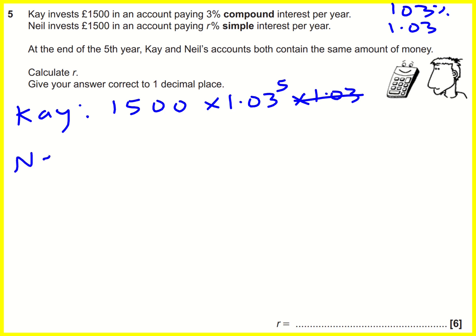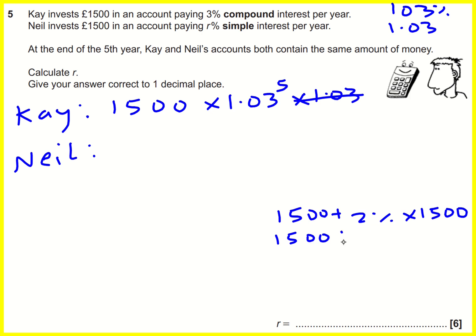Okay, for simple interest, sometimes I think simple interest is actually less simple than compound interest because you really have to think about it. If I have simple interest, forget r%, let's say it was 2%, then I would do 2% times 1500 and I would add it on to my 1500. If I wanted to do that over 5 years, then what I would do is I would do 5 lots of 2%.